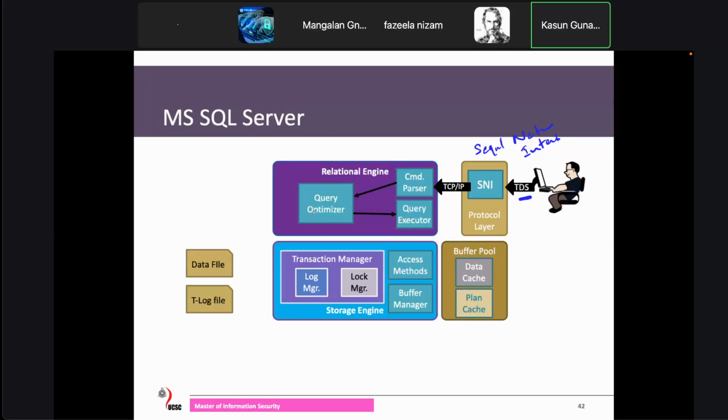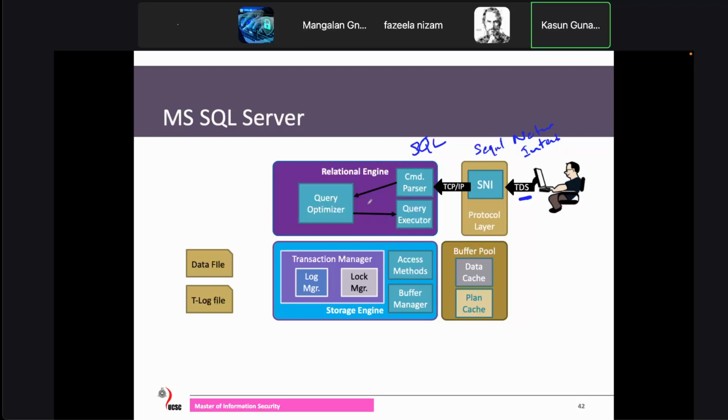There will be a query optimizer, command parser, and executor. When a request comes, it is in SQL form, an SQL command or SQL query that comes from the client to the server. It will use the parser, which checks whether the syntax and the commands are correctly written, and then it will optimize the SQL query sent from the client, and then it will execute.